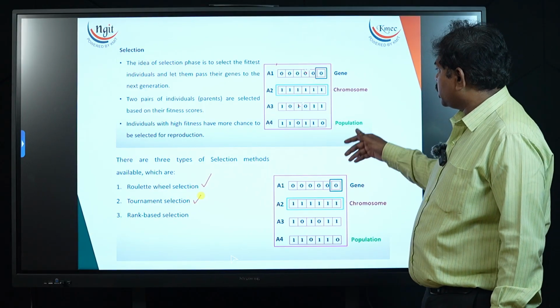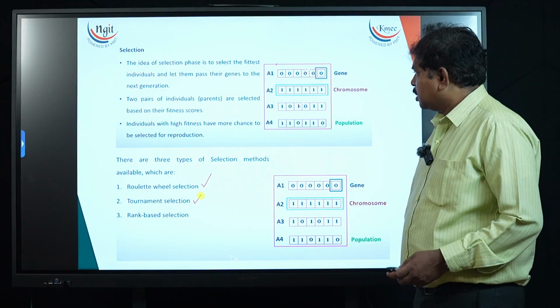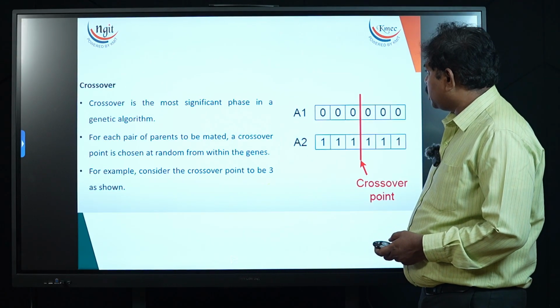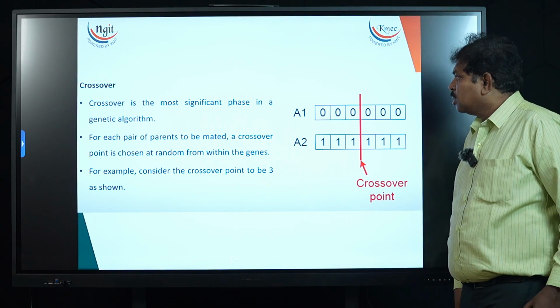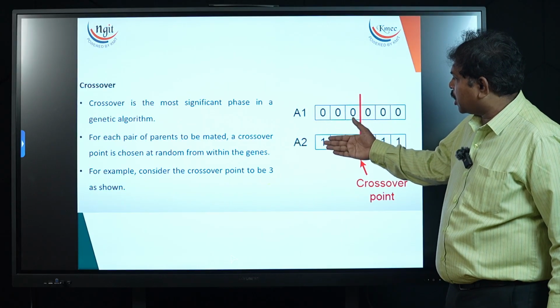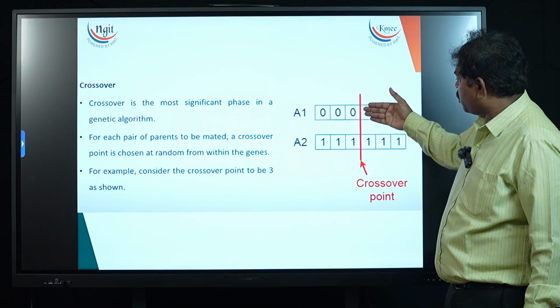So we perform the selection of the individuals based on their fitness score, and then we perform the crossover of these parents. These two parents are selected according to their fitness, and I perform a crossover.